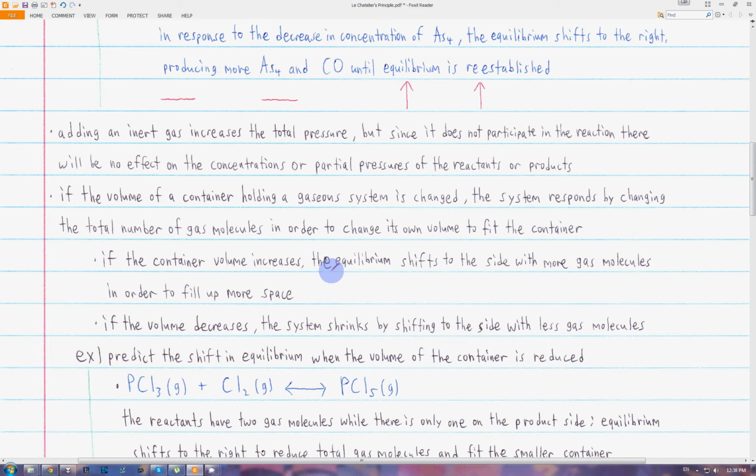So if the container volume increases, the equilibrium shifts to the side with more gas molecules, because it wants to increase the total gas molecules in order to fill up the more space that is created. If the volume decreases, then the system will shift to the side with fewer gas molecules, causing the system as a whole to shrink in order to fit the smaller container.